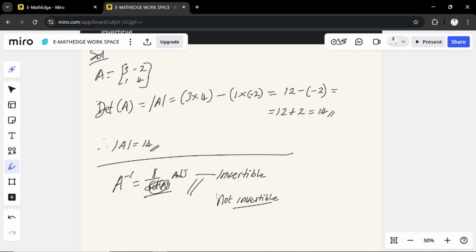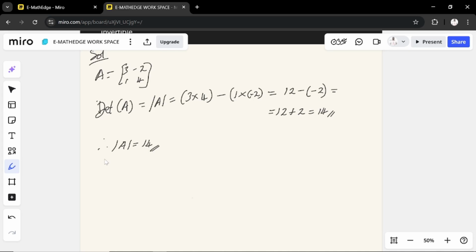Any value divided by 0 is undefined. So we cannot obtain a single value for the inverse. That makes the matrix not invertible. So in conclusion, we can see that the matrix A is invertible.